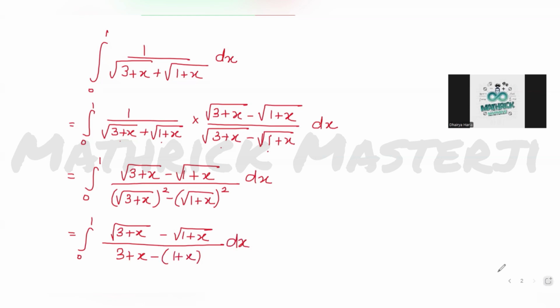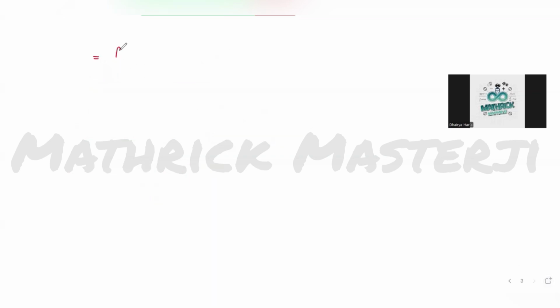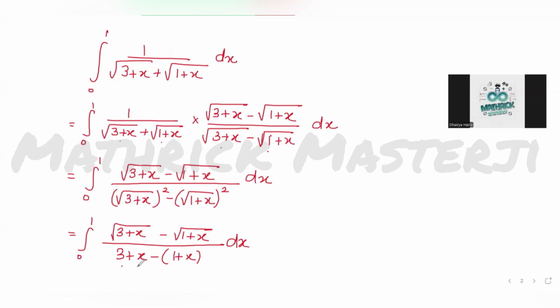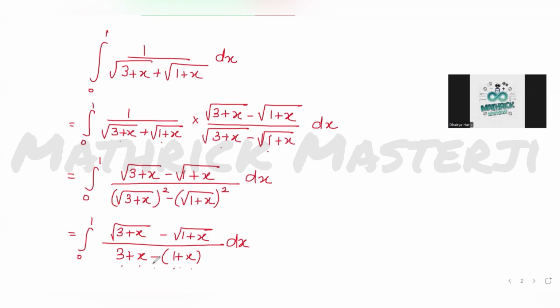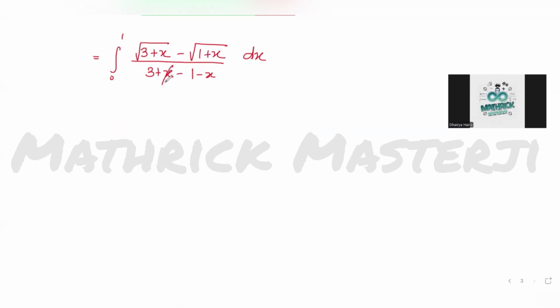Here I get 3 plus x minus 1 minus x, since the signs change because of the negative sign outside. x and x cancel, and I'm just left with 3 minus 1, which is 2. Half taken out, limits from 0 to 1, square root of 3 plus x minus square root of 1 plus x.